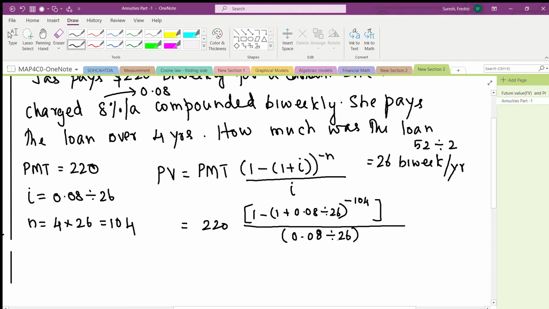Again, punch the numerator in as you see it into your calculator, which is what I'm doing now. So 1 minus bracket 1 plus 0.08 divide by 26, close the bracket, to the power of negative 104, and I get this number here.